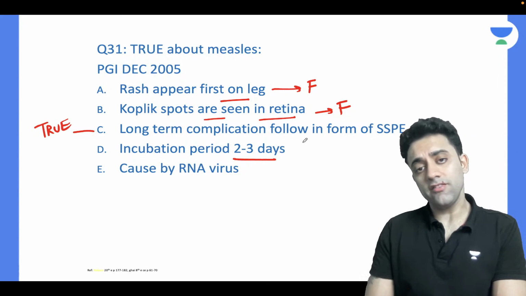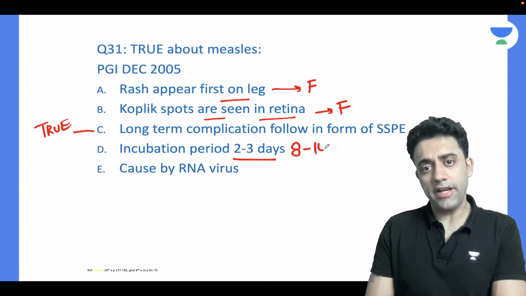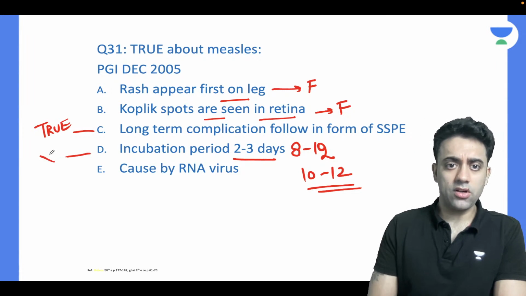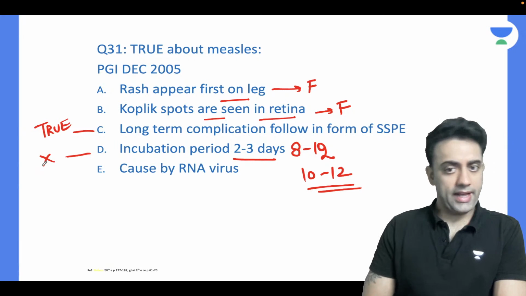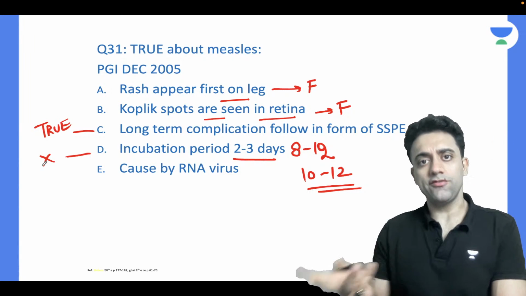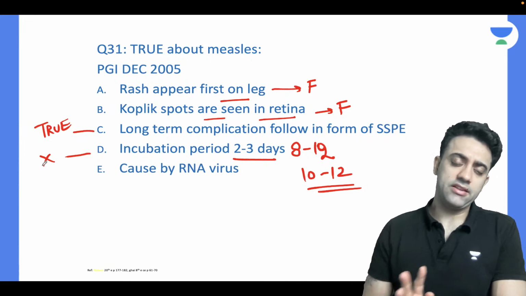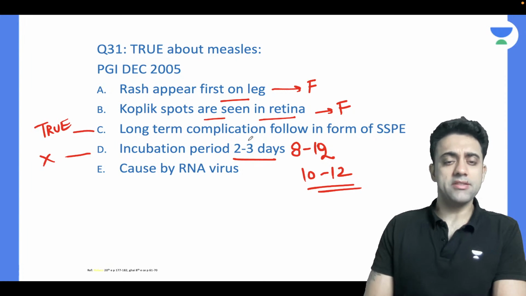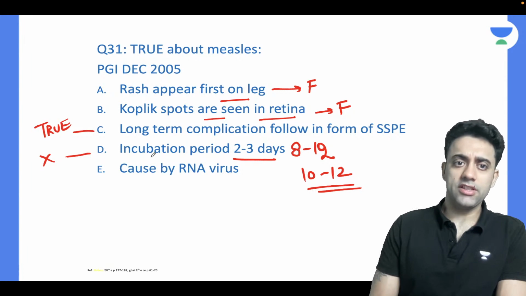Exactly. So after 1 week, 8 to 12 days, or 10 to 12 days. 2 to 3 days is not the incubation period. Remember, measles symptoms begin after one week. So the incubation period is 8 to 12 days. So this line is false.